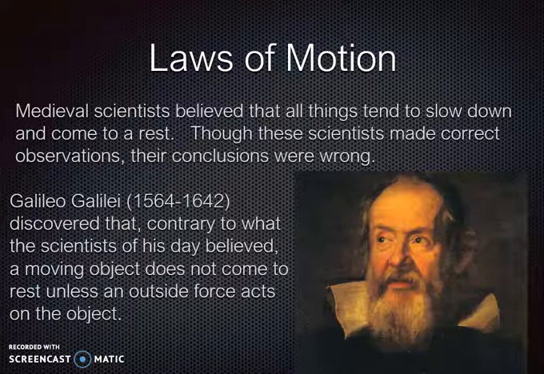In the 1600s, this guy right here, this handsome fella, Galileo Galilei, he was an astronomer, but he was also a scientist, that he studied many different things. But he discovered that, contrary to what the scientists of his day believed, a moving object does not come to rest unless there is an outside force acting on that object, meaning something had to stop whatever was in motion, which was true, okay?